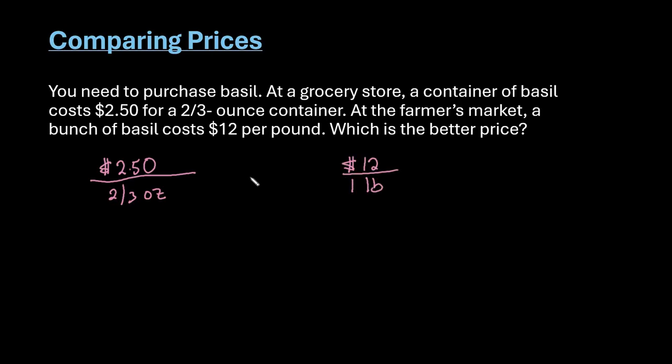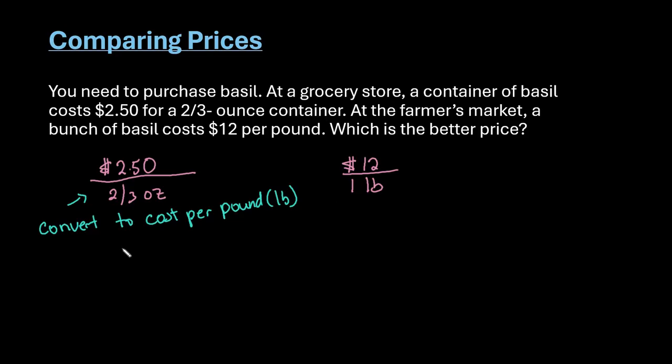So what we need to do is we either need to get the cost per 1 ounce or the cost per pound. So what I'm going to do is I'm going to convert this to cost per pound, so that we have them in the same unit and it's easier to compare them.